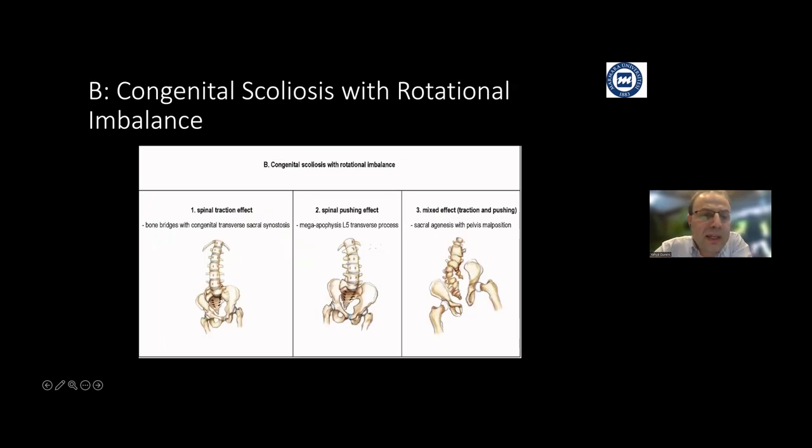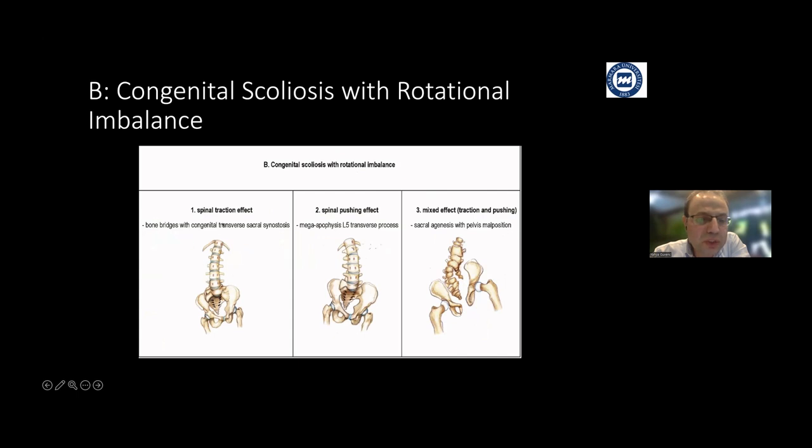And then they look at the congenital scoliosis with rotational imbalance. Once spinal traction affects, this means there is a fusion area between L5 and the sacrum. Because of that fusion, the spine makes rotations.